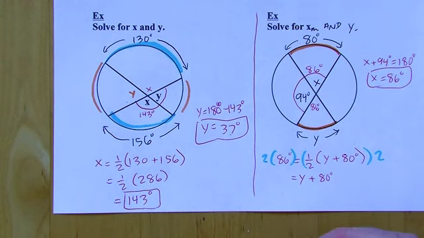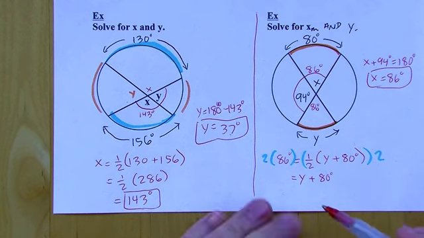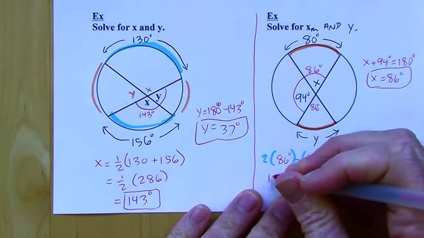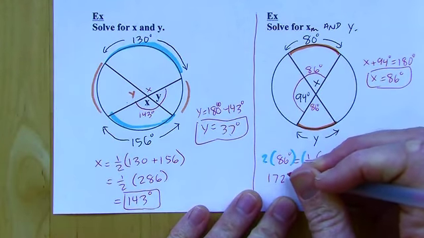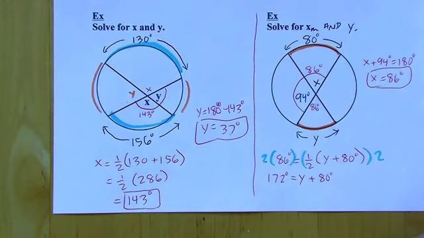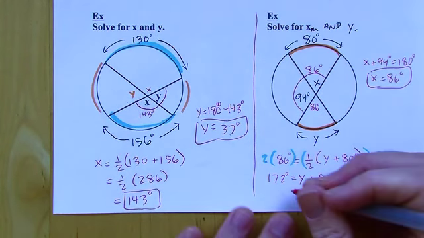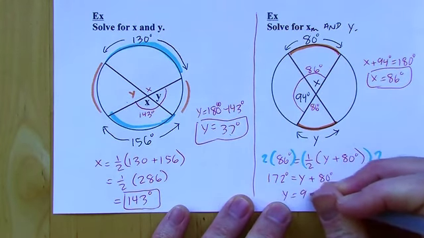And then over here I'm doubling 86, so I'm going to get 172 degrees. Now I just have to subtract 80 from both sides, and y equals 92 degrees.